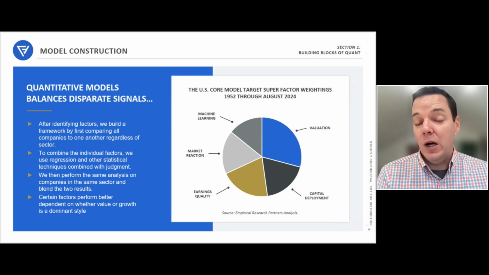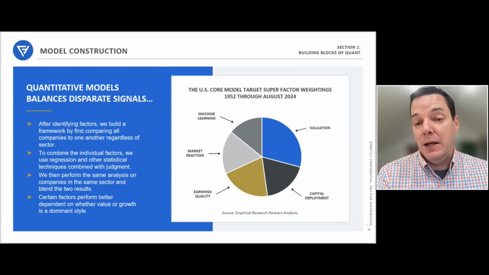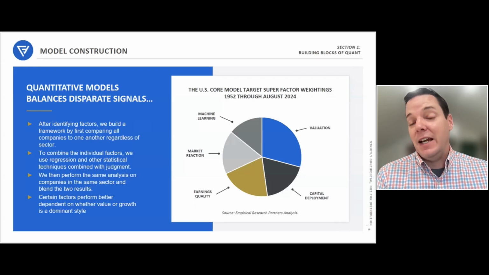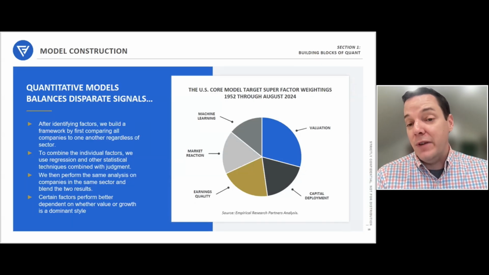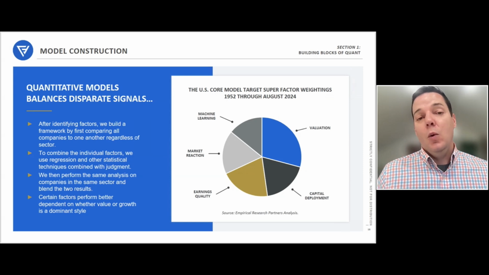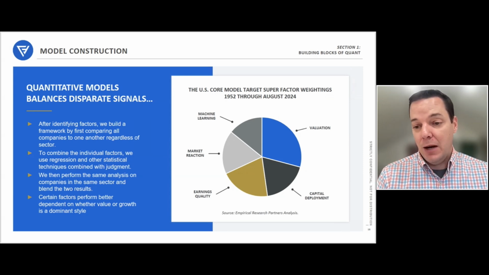Some might perform well, but you're certainly not going to see the same amount of alpha as you would if we're in a value-led market, right? Again, I mentioned the financial crisis as an example, coming out of the second half of 2016, after the vaccines were announced in 2020. Those are periods of time when value is really going to shine. So we build dynamically weighted models in order to be able to take advantage of those opportunities when they do present themselves.